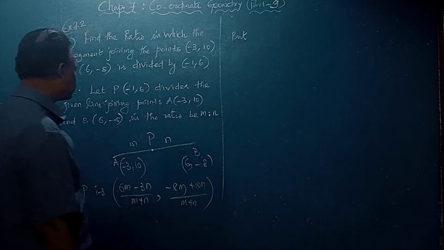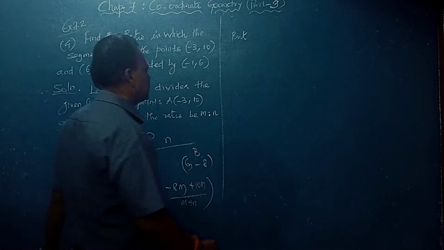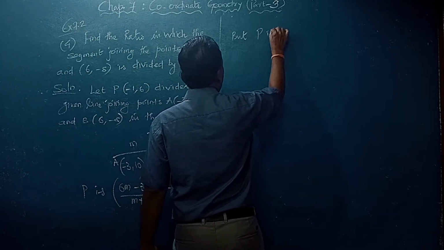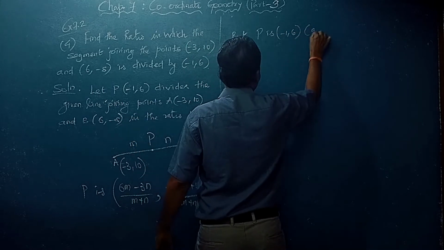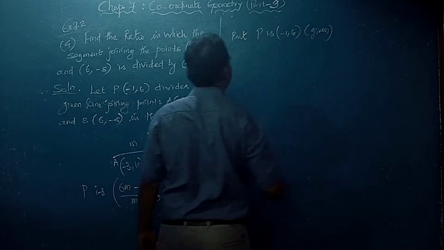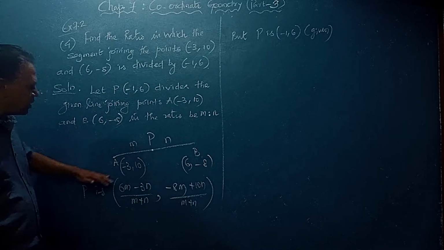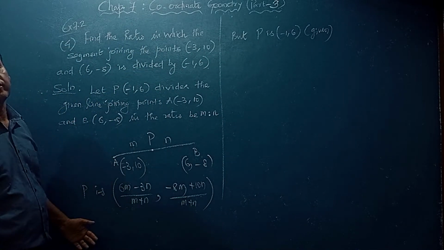But P is given, P is minus 1, comma, 6. Both are P, so you have to equate both the points.